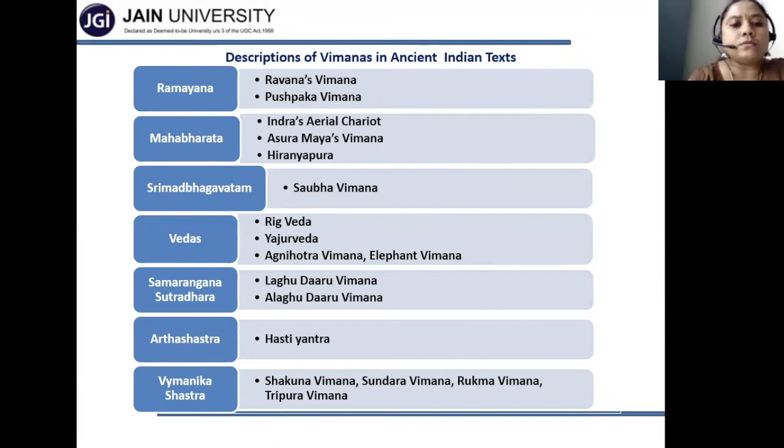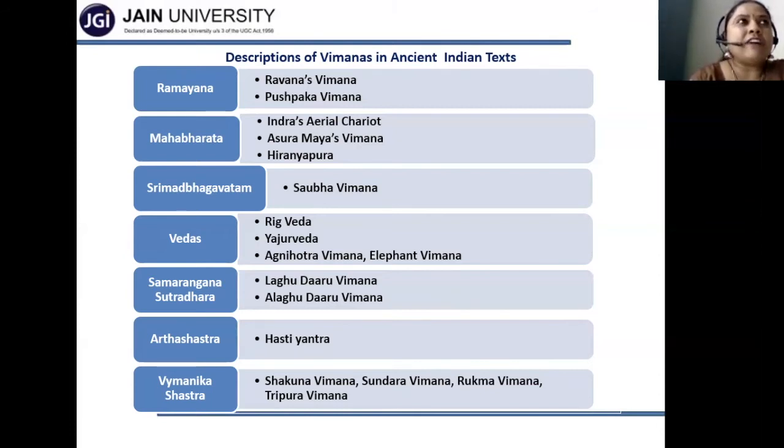Coming to the description of Saubha Vimana, everything started during Rukmini's Swayamvara. Shishupala wanted to marry Rukmini, but Krishna married Rukmini, and Salva also was part of that Swayamvara. During that time, enmity developed between the entire Yadavas and Salva.